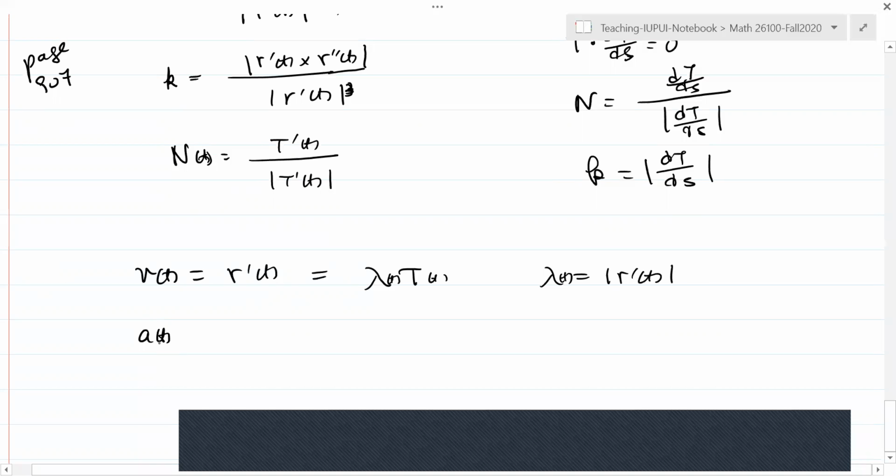We can express it in terms of this formula. I take the derivative of the velocity, then I differentiate this part. It's going to be lambda prime of t times capital T, plus lambda of t times capital T prime.